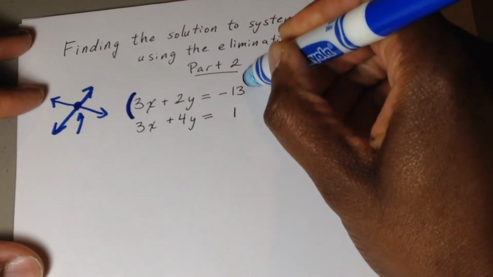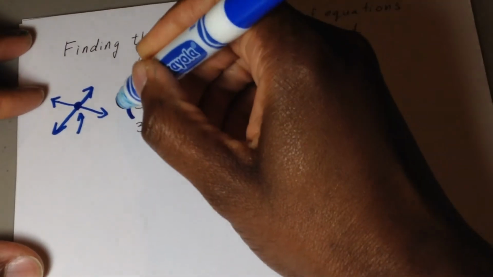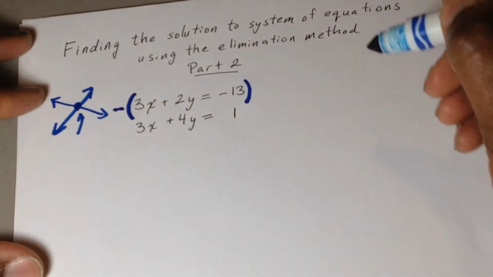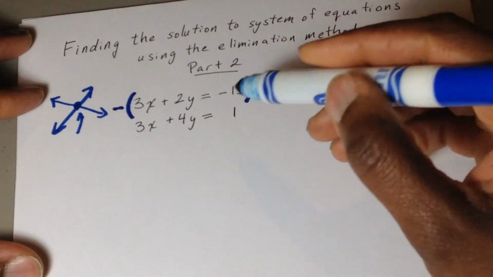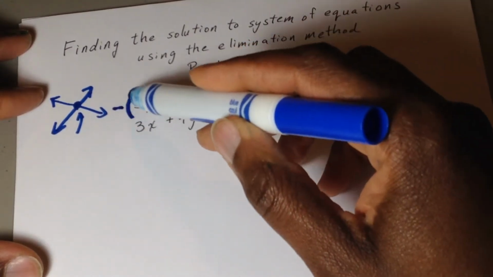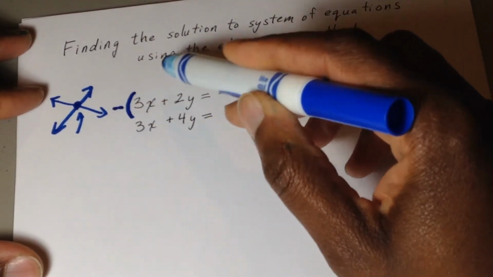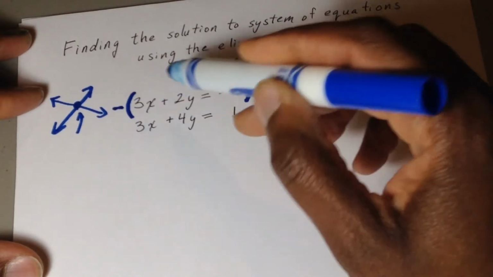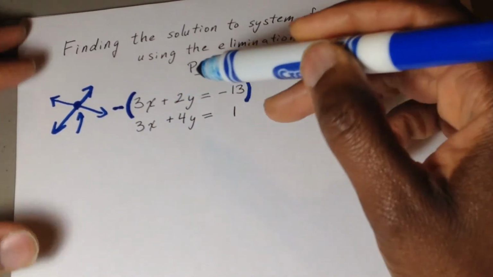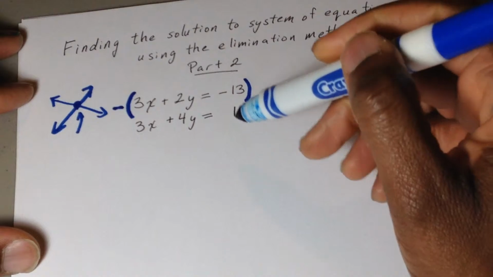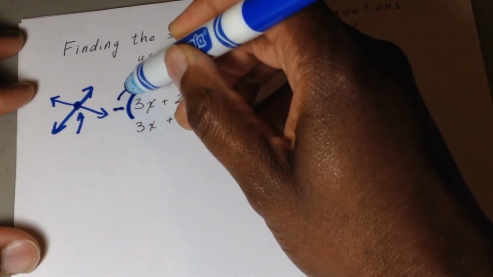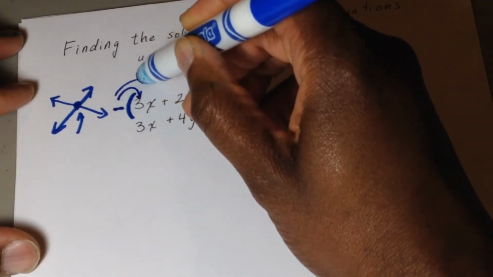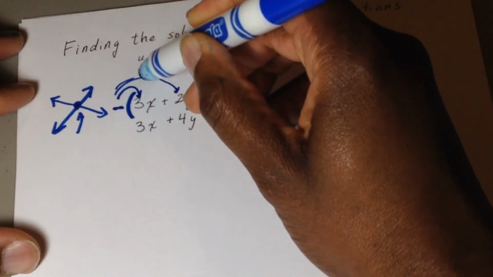I'm going to make this whole equation negative. Since I'm negating it, every sign or operation inside here I'm going to change to its opposite. It's kind of like distributing this negative to the three parts inside of it.